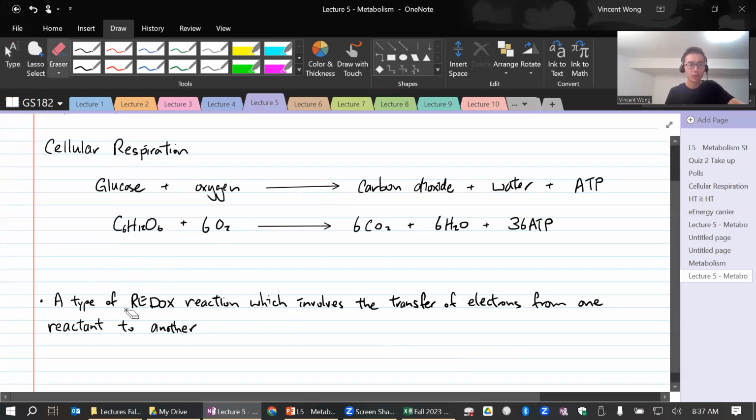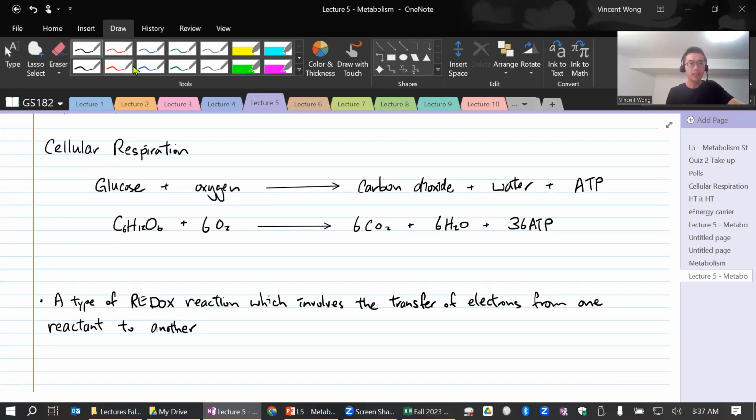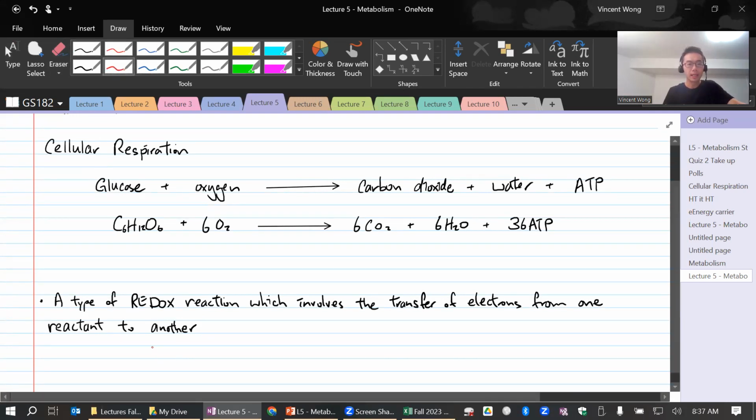Okay? So what does redox mean? Well, the red part, RED, that stands for reduction. Okay? Reduction means gaining electrons. Okay, I'm just going to write electron like that from now on.